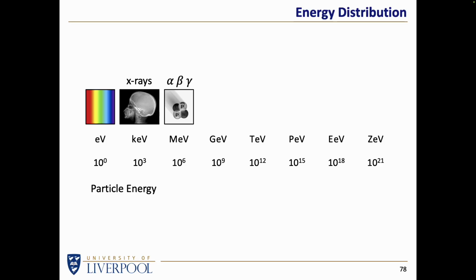If we go to something 1,000,000 times more energetic, we get to the alpha, beta, gamma particles of radioactivity that we were talking about earlier. But we have to go to 10 to the 9, a giga, or a tera, or a peta, 10 to the 15, 10 to the 18. We have to go to much higher levels to get to the levels at which cosmic rays are hitting the Earth.